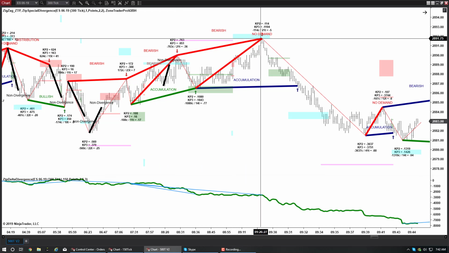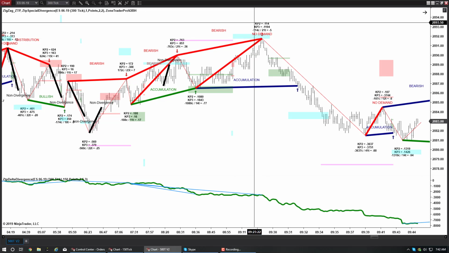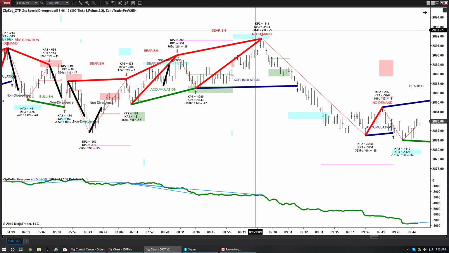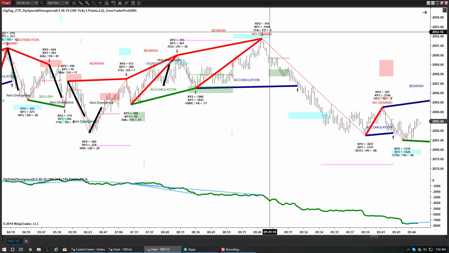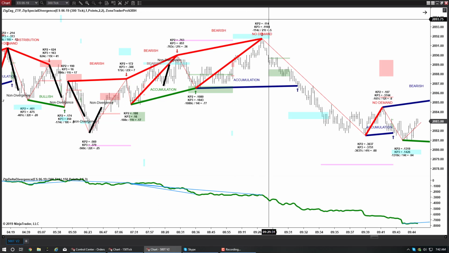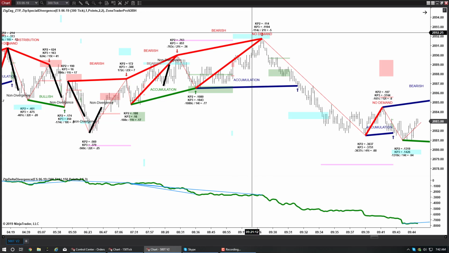So it's very important that you understand this. The other thing that you need to understand is these numbers don't represent the entire number of contracts traded. These numbers represent the number of filtered contracts traded. So we are only looking for the larger lot trades, in this case 25 or more.